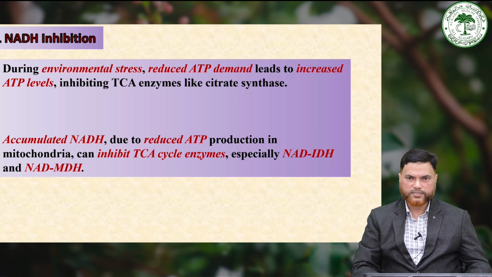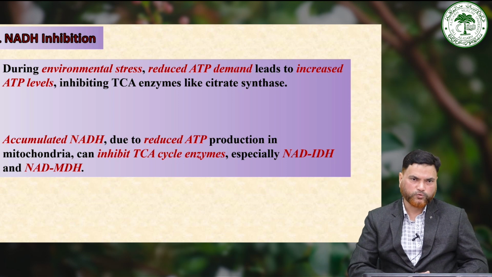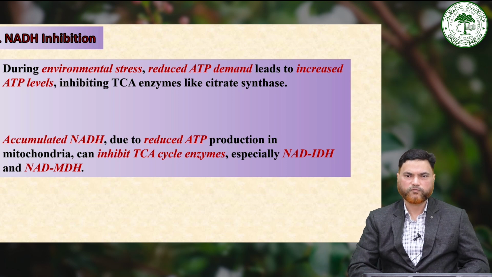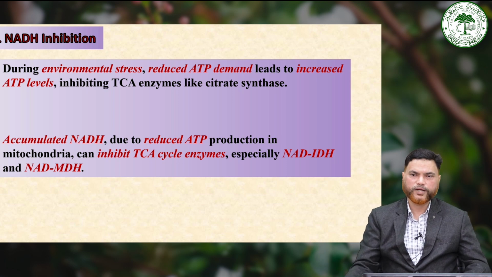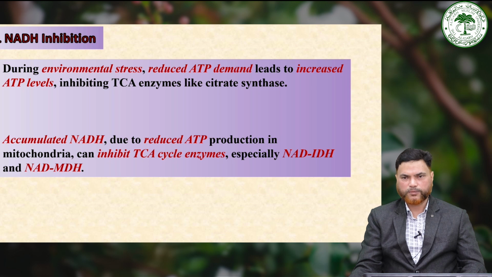Now, there is one enzyme, isocitrate dehydrogenase, whose activity is inhibited. Isocitrate dehydrogenase is an enzyme involved in the TCA cycle that catalyzes the conversion of isocitrate to alpha-ketoglutarate. There are two main isoforms of isocitrate dehydrogenase, namely NADP-IDH and NAD-IDH.